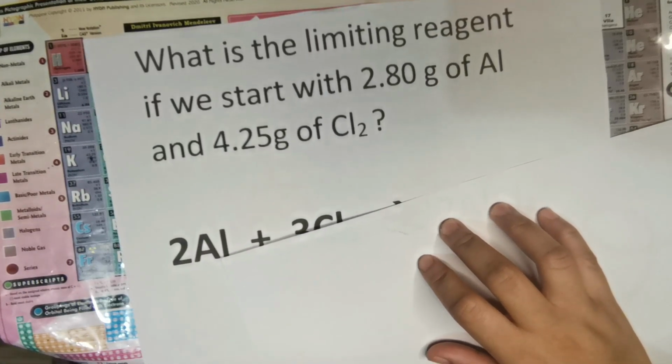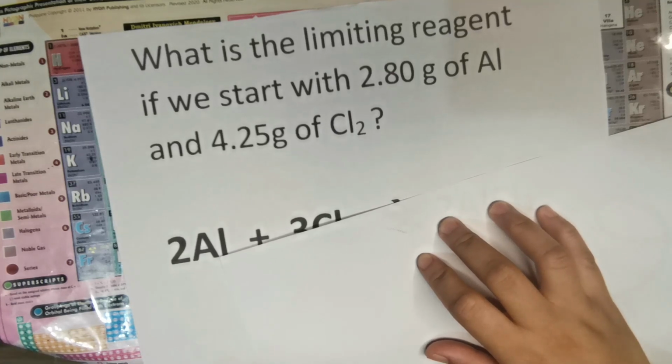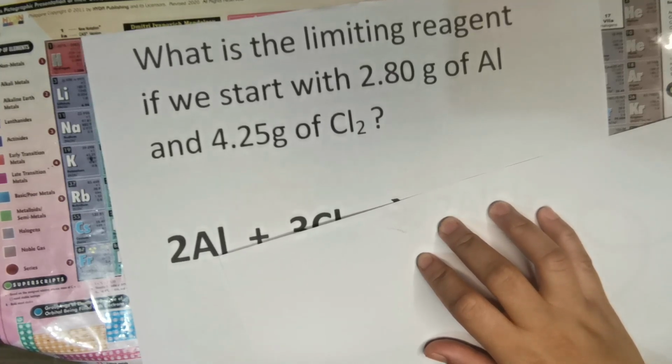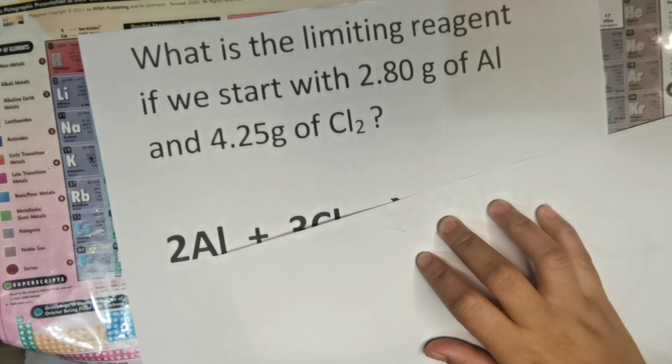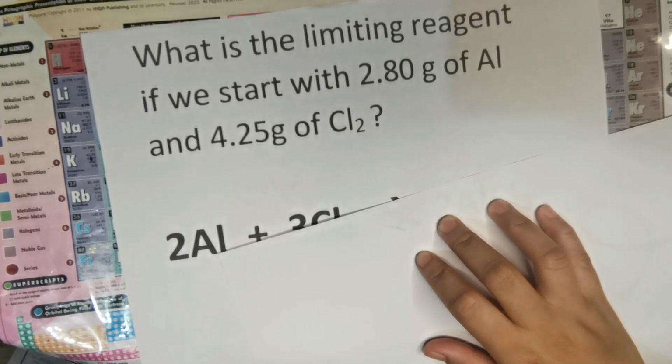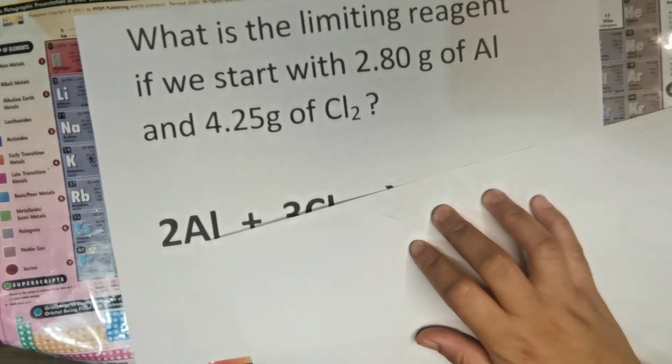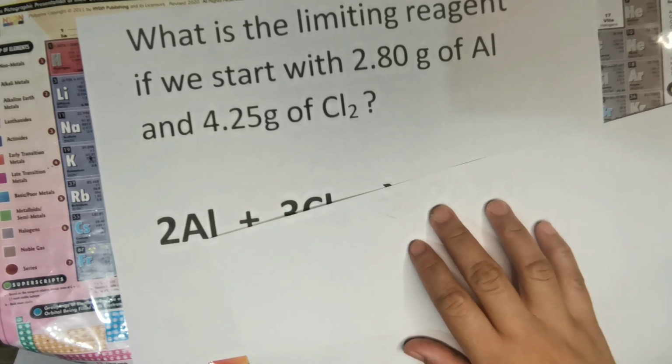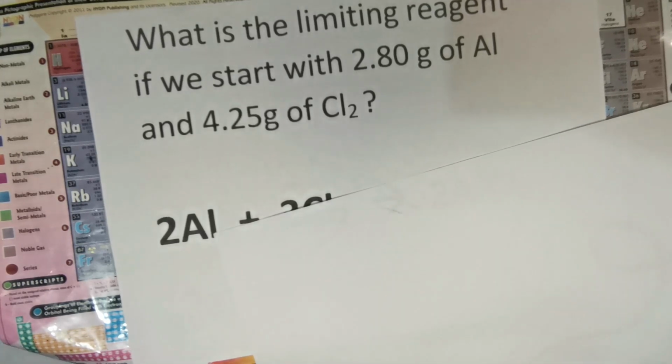in grams. Lagi kong sinasabi, ang gagawin natin pag iyan ay nasa grams, ano pong gagawin? Obviously, we need to convert from grams to moles. Remember our computation from grams to moles.